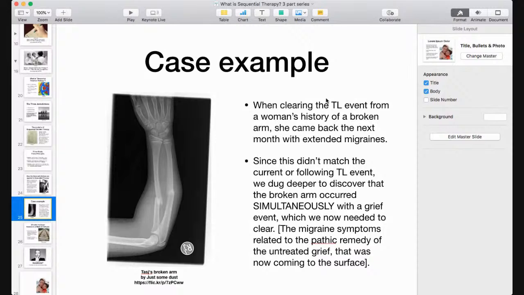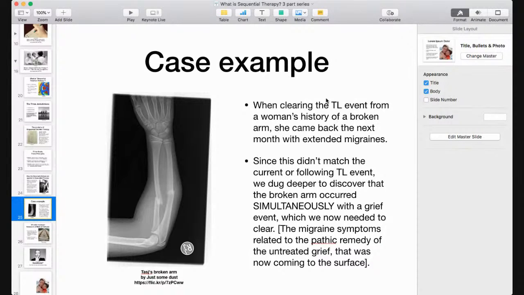So it wasn't just a broken arm as a physical event, but a combination of a physical event and an emotional event that happened simultaneously. So what we needed to do, and we did at this point, was give the specific grief remedy, in this case Natrum muriaticum, for that whole grief or loss event, and that ultimately finished the job of clearing everything that was happening with that broken arm.